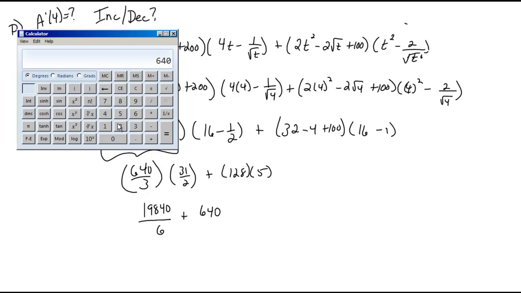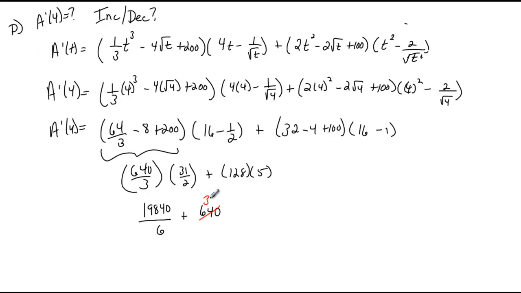Let's see, does 19,840 divide evenly by 6? Probably not. Nope. So we're just going to have to add this first. We're just going to take 640 times 6 and see what this is in terms of sixths. So 3,840. So this is 3,840 sixths.